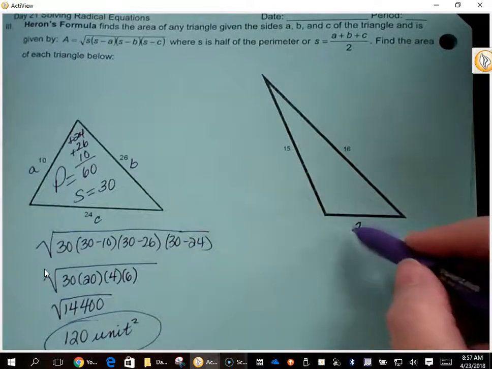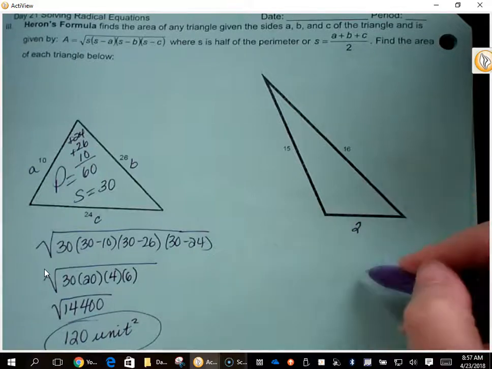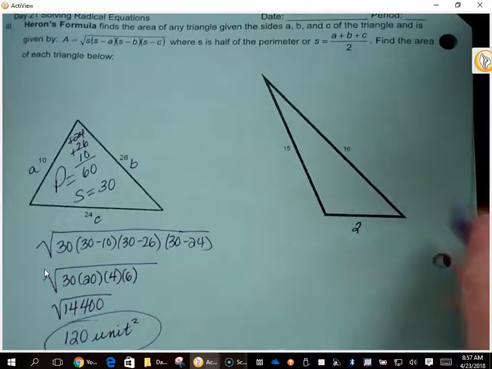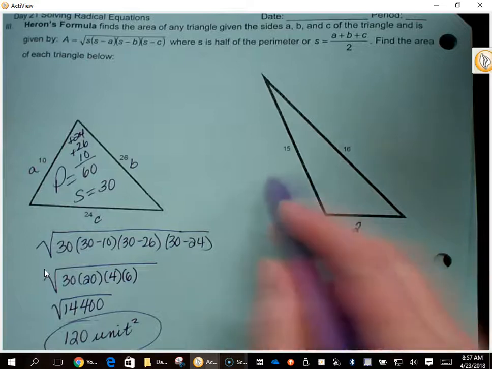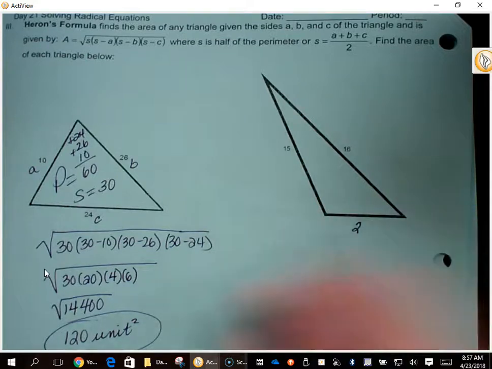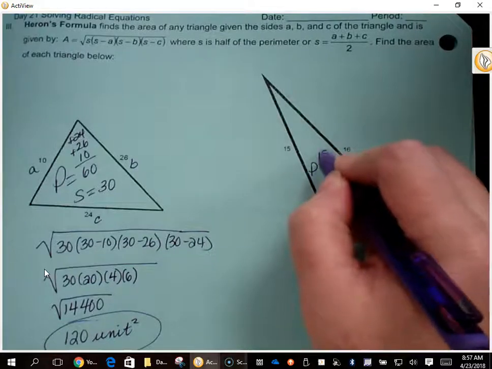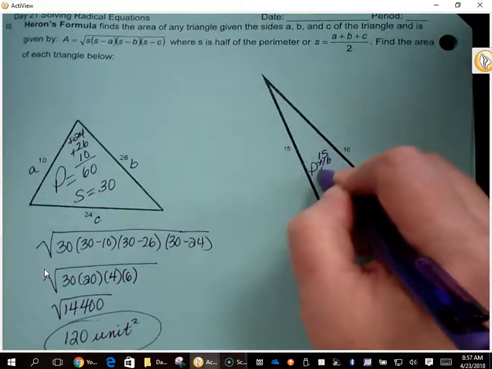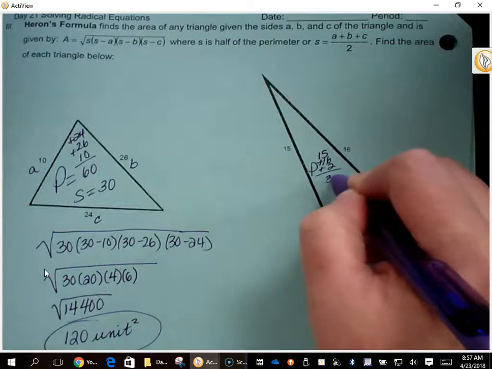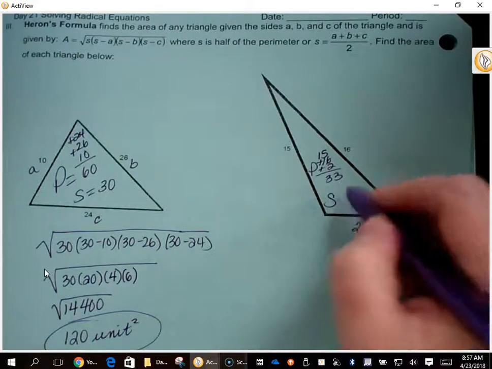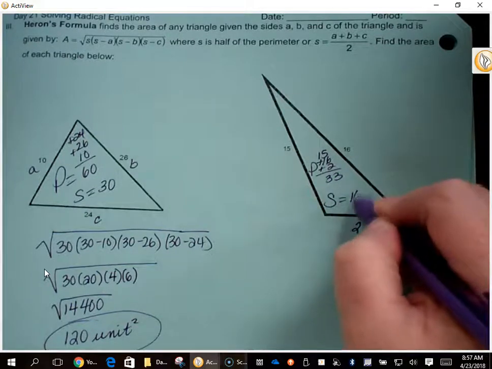So 15 plus 1 is 16. This couldn't have been a triangle. So we needed to make that a 2. So we've got 15 plus 16 plus 2 to find our perimeter. That's 31 plus 2, which is 33. So that means S is 16.5.